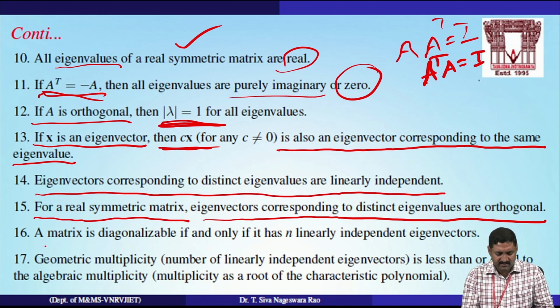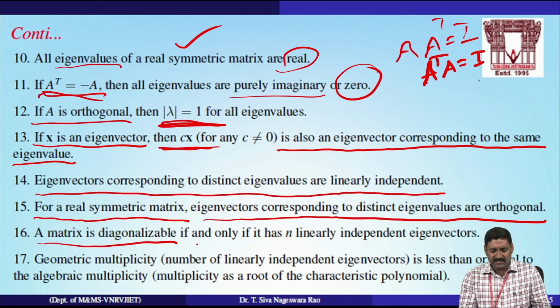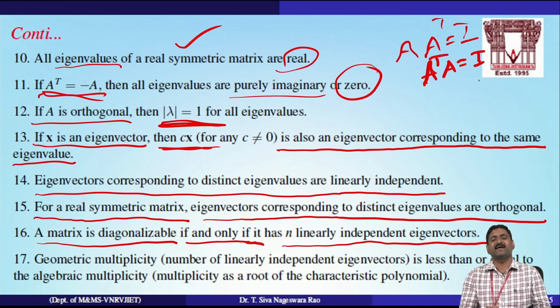Next one. A matrix is diagonalizable if and only if it has n linearly independent eigenvectors.